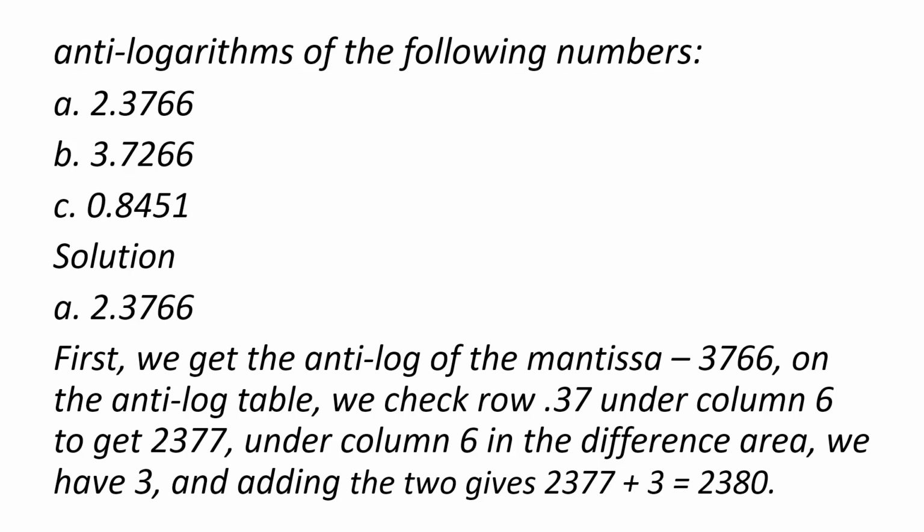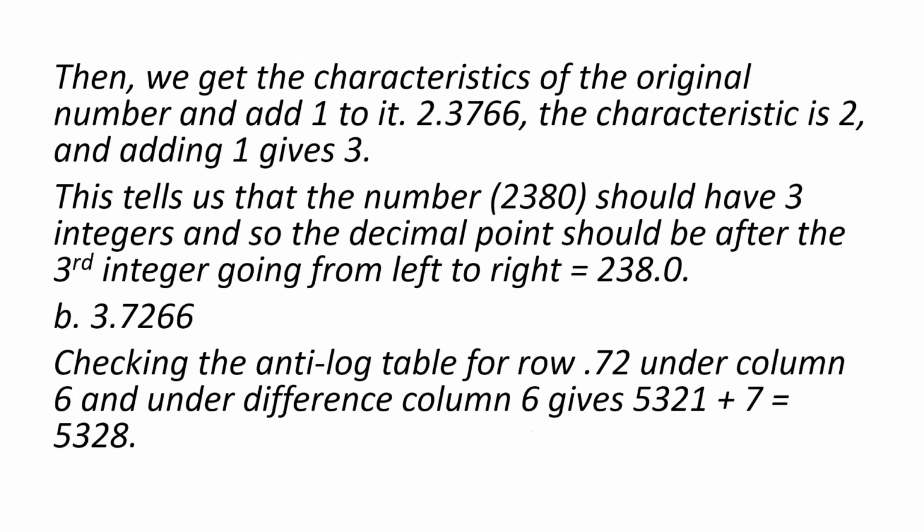First, check the anti-log of the mantissa. Mantissa is 3766 on the anti-log table. We check row 0.37 under column 6 to get 2377, and under column 6 in the difference area, we have 3. Adding the 3 gives 2377 plus 3 equals 2380.